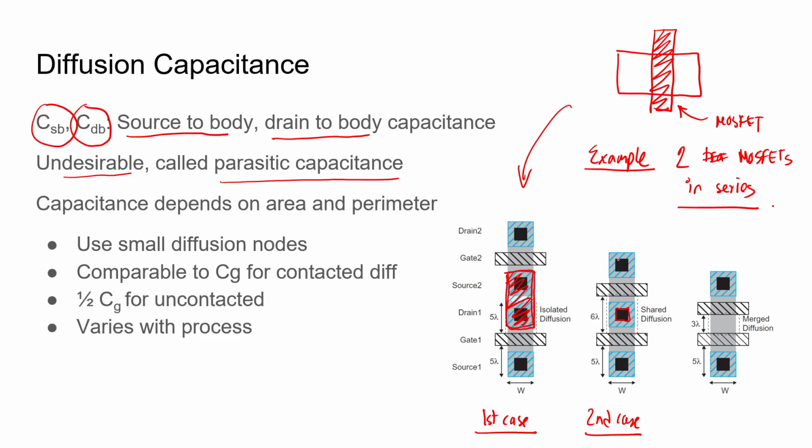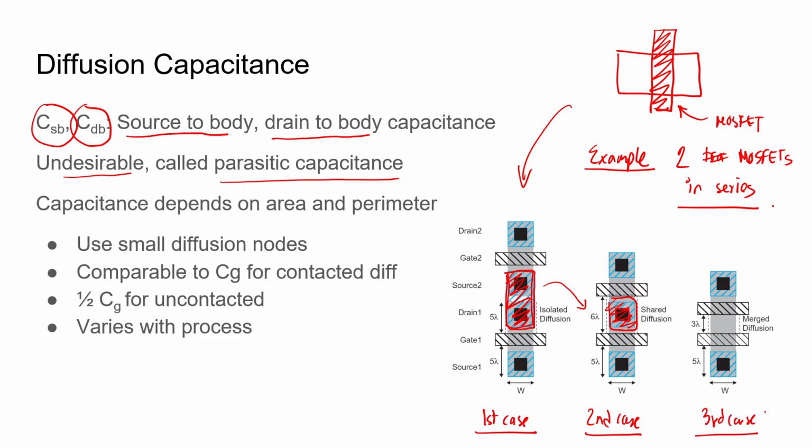So that is why we have cut down the area of the shared diffusion layer, but nonetheless it exists there. So this is also two MOSFETs in series, but now we have a shared diffusion, but with a contact in between.